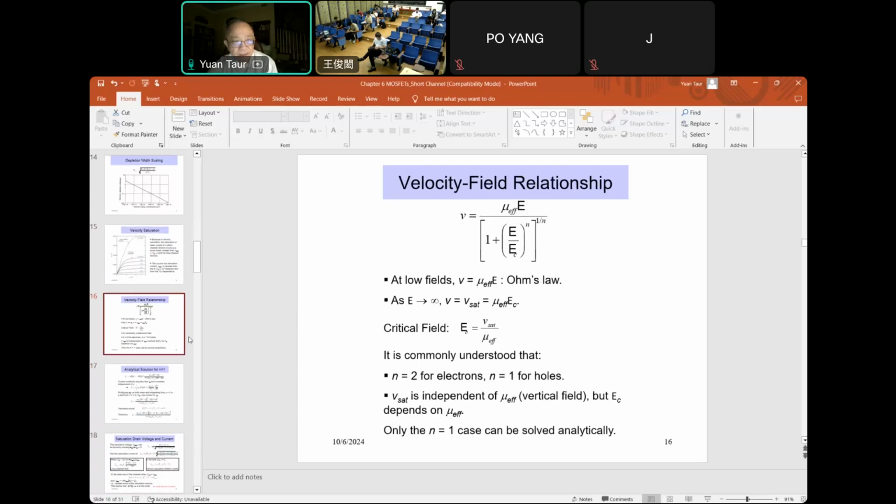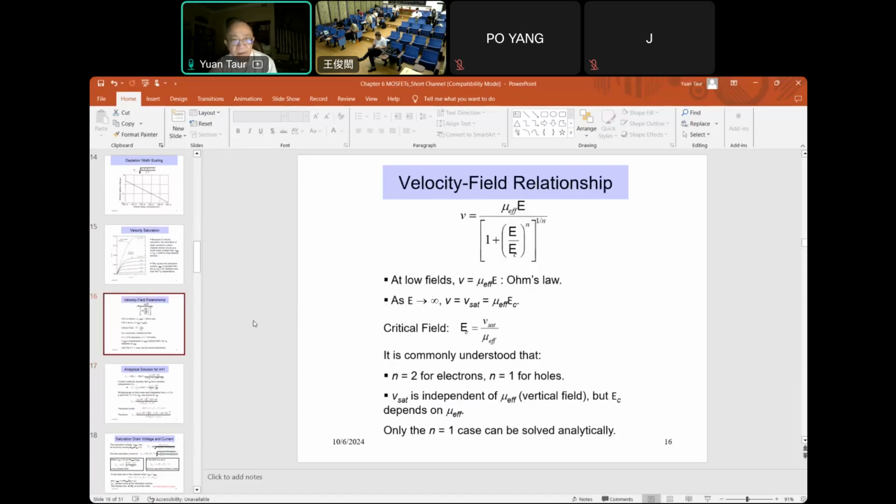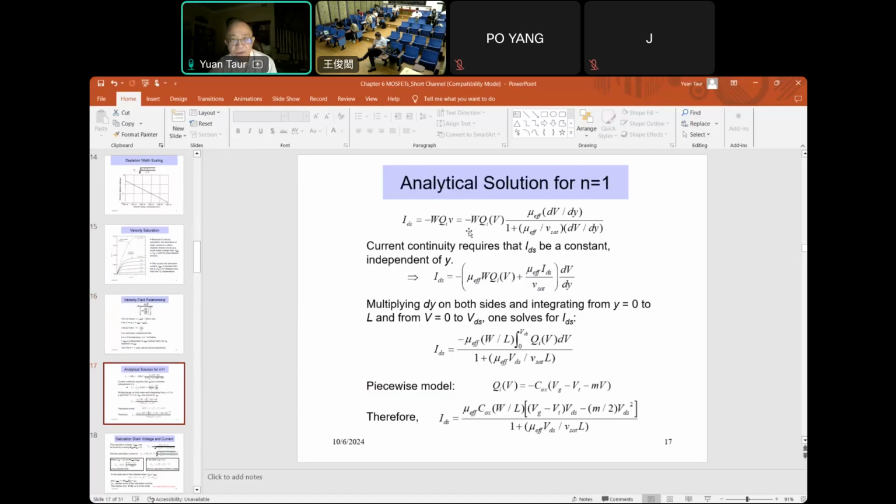So the field is replaced by dV dy. Now, strictly speaking, this is not a field. The field is the d psi dy. Okay, but V is the quasi-Fermi level. But mathematically, it's easier to solve because you only have to change the current density equation here.